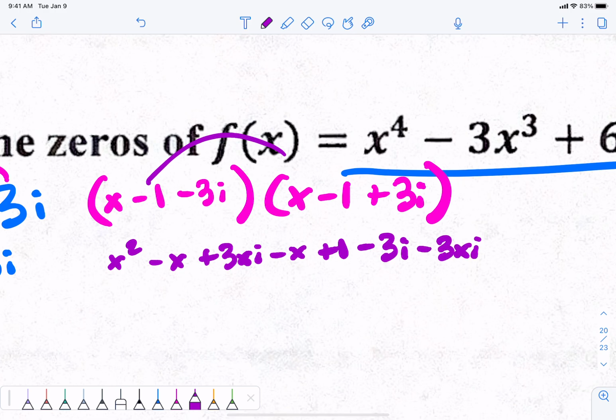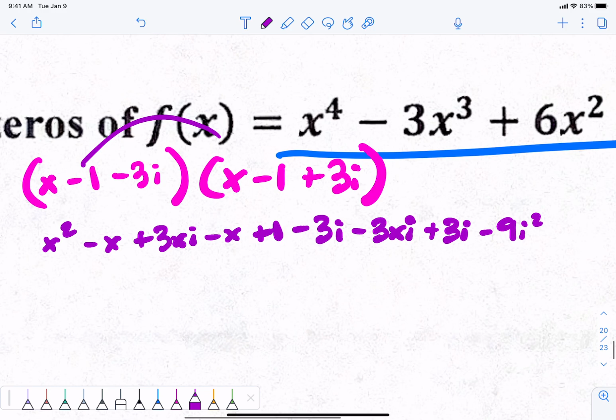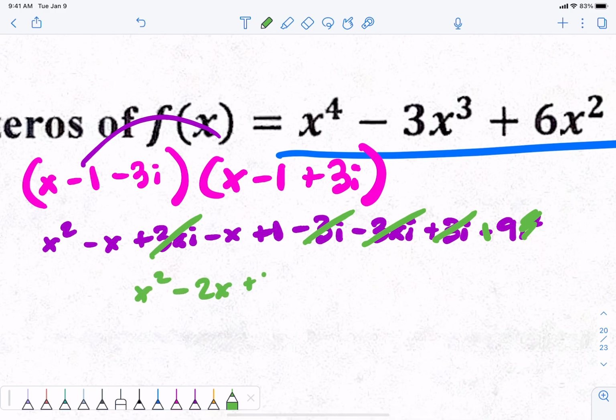Minus 3xi plus 3i minus 9i squared. I squared is -1, so this can become plus 9. Then let's cancel some stuff. 3xi minus 3xi, 3i and 3i, those cancel. So it's x squared minus 2x plus 10. x squared minus 2x plus 10.